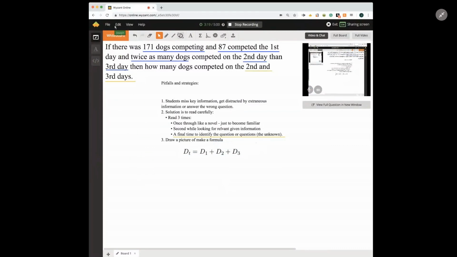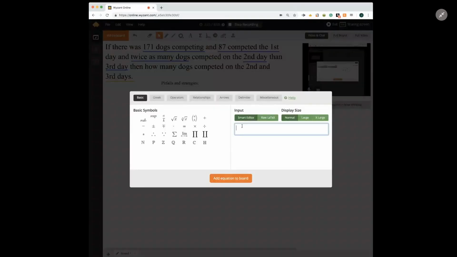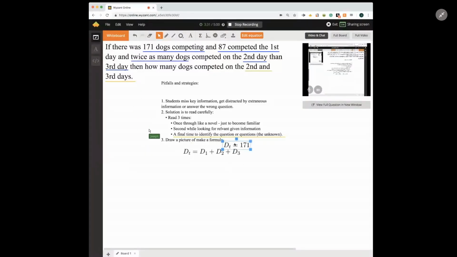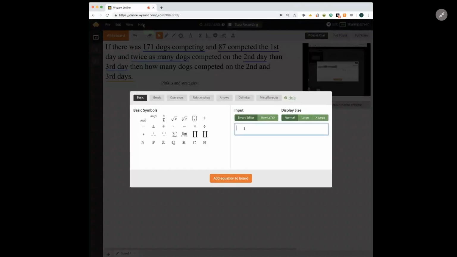Now we're going to take some of our given information and we're going to draw some conclusions. First of all, it says that the total number of dogs is equal to 171. Second of all, it says that on the first day there were 87 dogs.